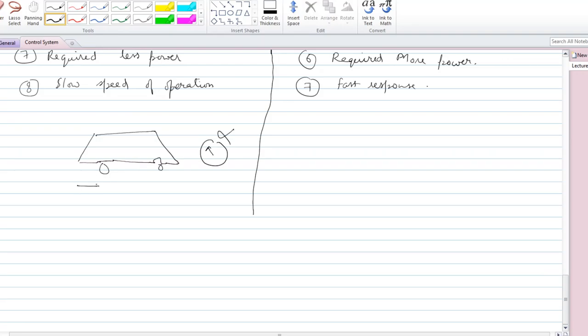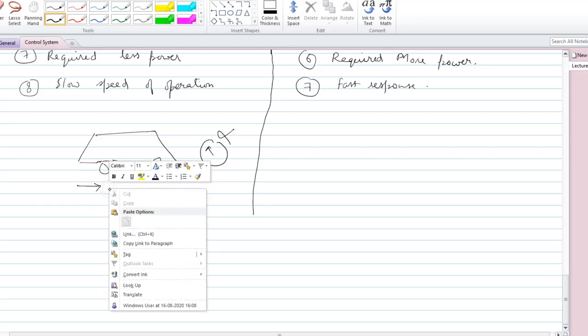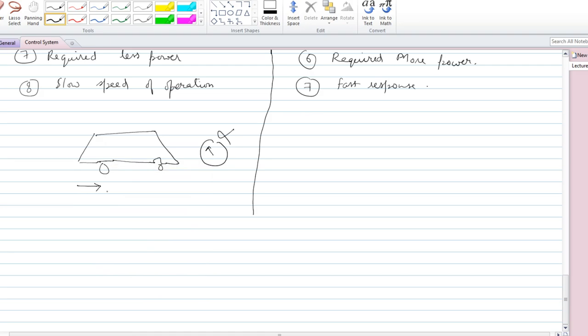You just have to control your speed by controlling your movement on the accelerator. Whereas if the same car is provided with a speedometer, then continuously watching the speedometer you can maintain the required speed according to the requirement.